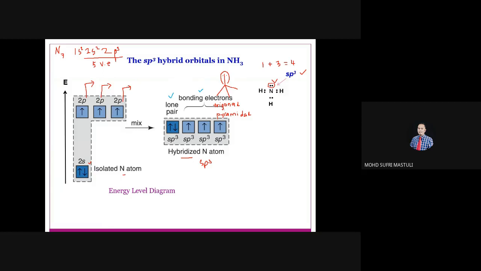Okay. So the geometry is the same as trigonal bipyramidal, with nitrogen in the middle. We have a lone pair, and then we have the pyramid, trigonal pyramidal. Overlap with what? Overlap with hydrogen. Hydrogen has an s orbital.